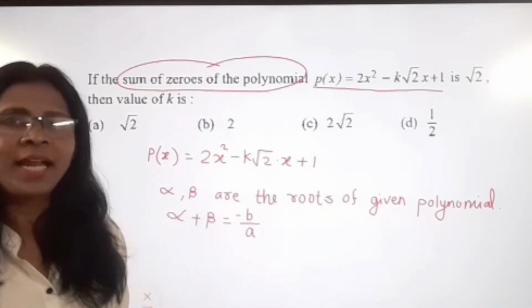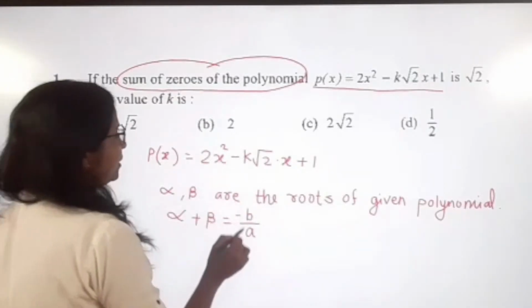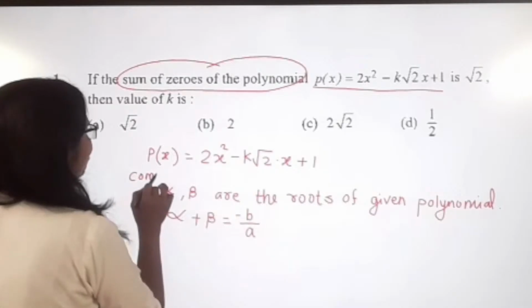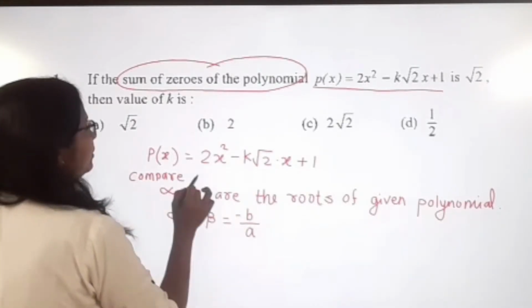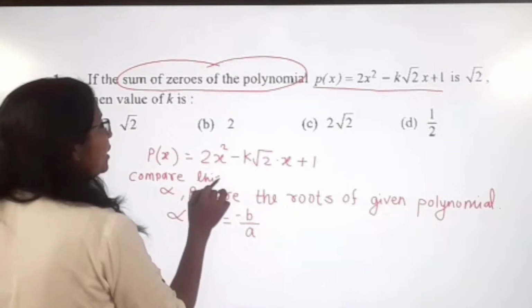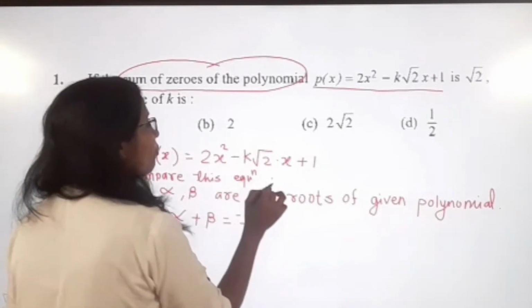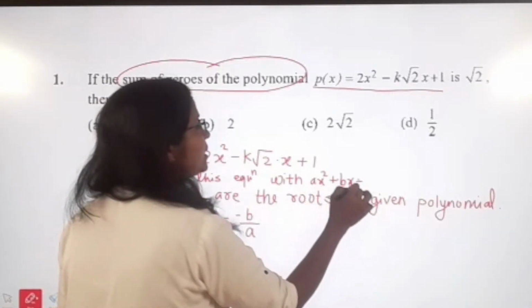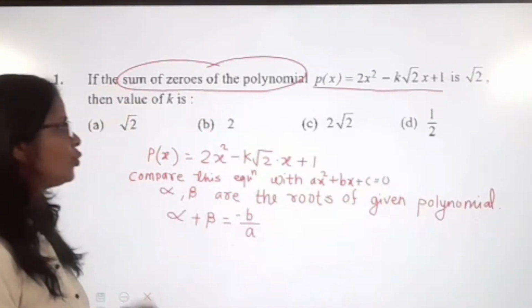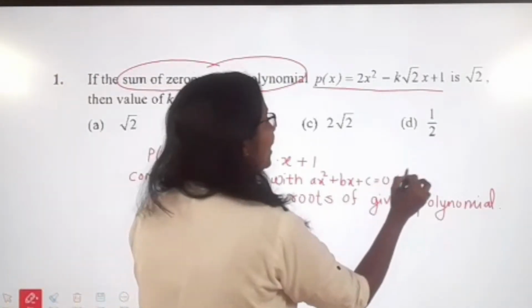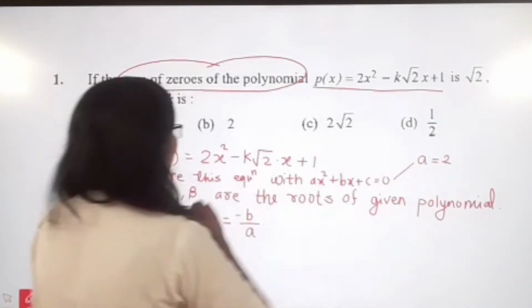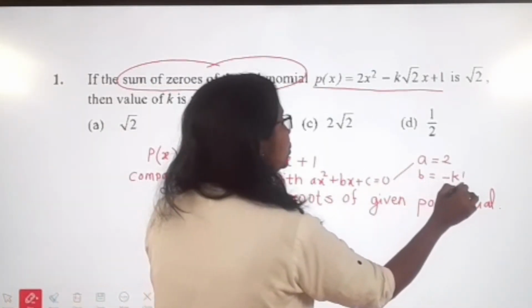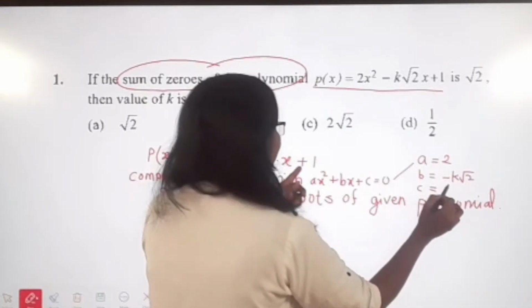But what about the b and a? The b and a are the coefficients. So here, if you compare this given equation with ax square plus bx plus c is equal to 0, then students, you get the value of a as 2, value of b as minus k root 2 and the value of c as 1.